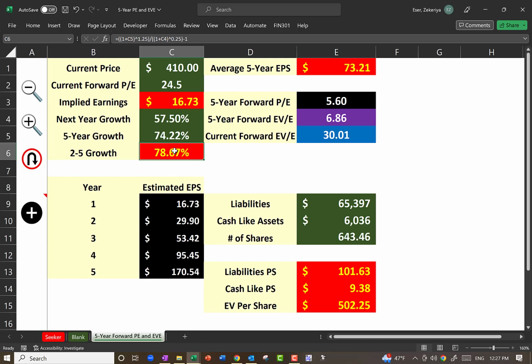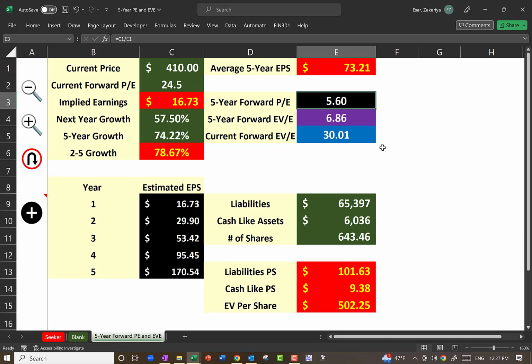This basically makes the calculation for the G24. These are the estimated EPS, average 5-year EPS, average five-year forward PE. Okay? 560. That's a pretty low number.